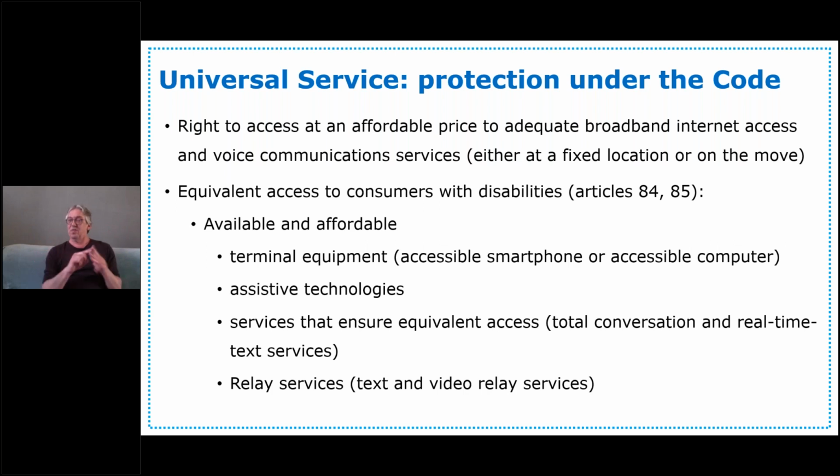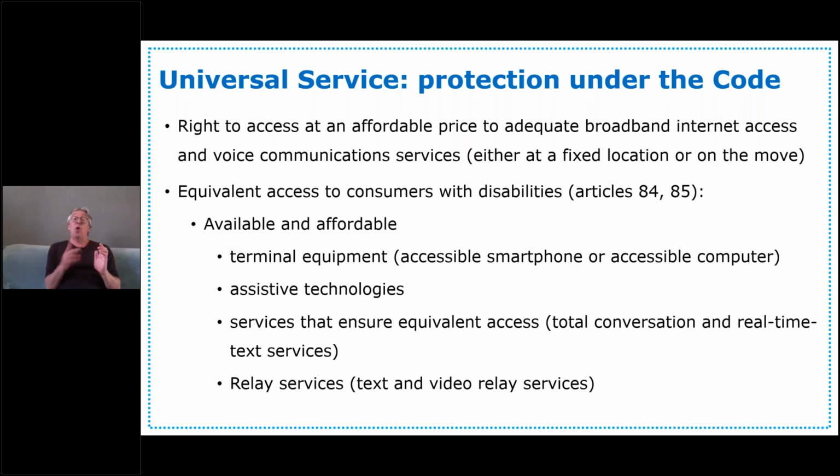And the aim of the European Disability Forum, when we were discussing the legislation with policymakers, was to ensure the availability and affordability of the services and of the equipment in such a way that we ensure really equivalent access.